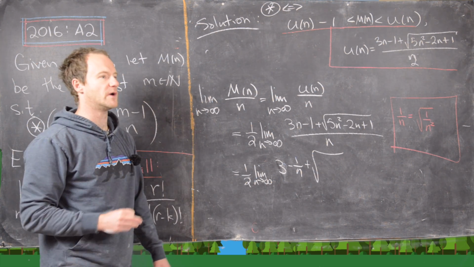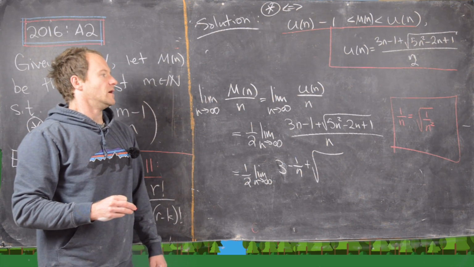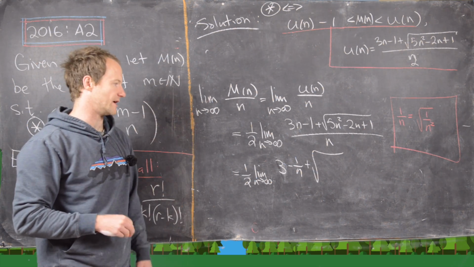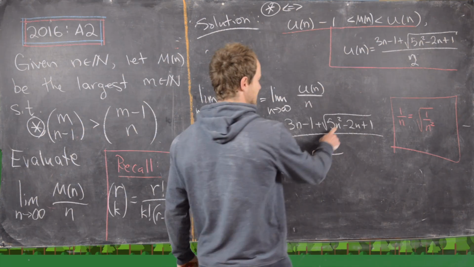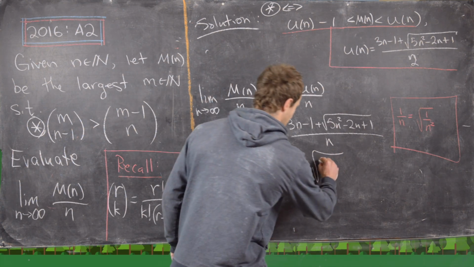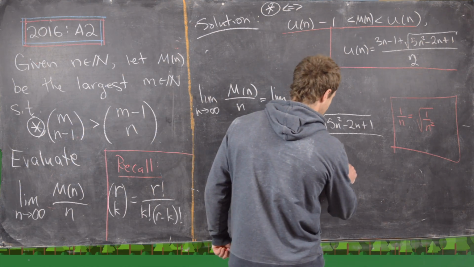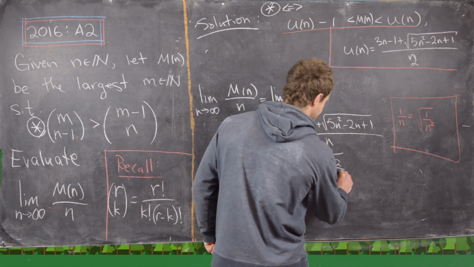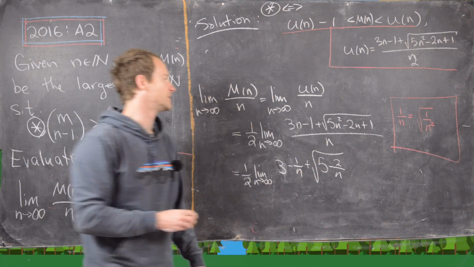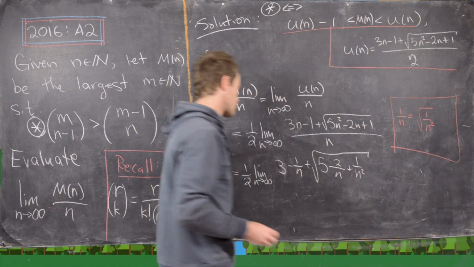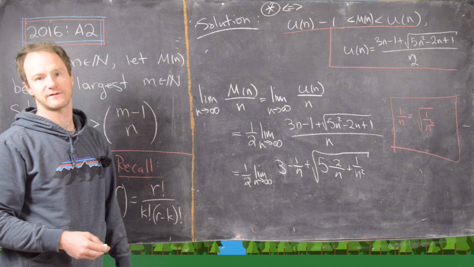There's something to do with absolute values if you have maybe a negative number, but we're okay here. So that means we can write this as 5n squared over n squared, which is 5, and then minus 2n over n squared, which is minus 2 over n, and then finally plus 1 over n squared. Great, so that's how all of that simplifies.